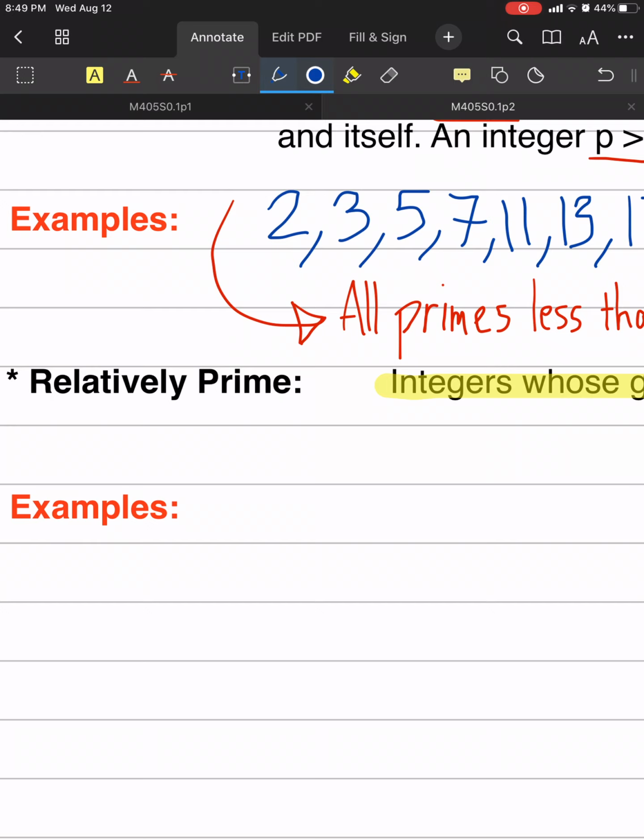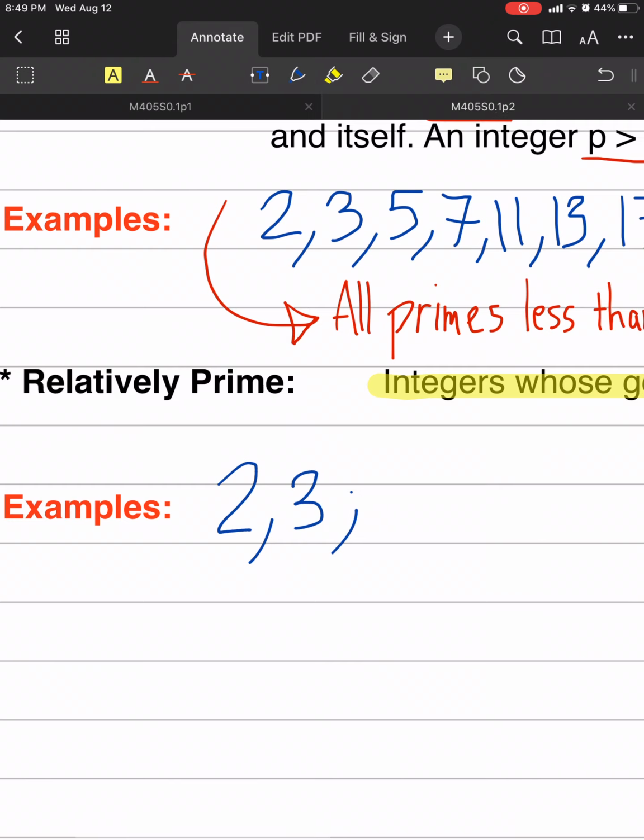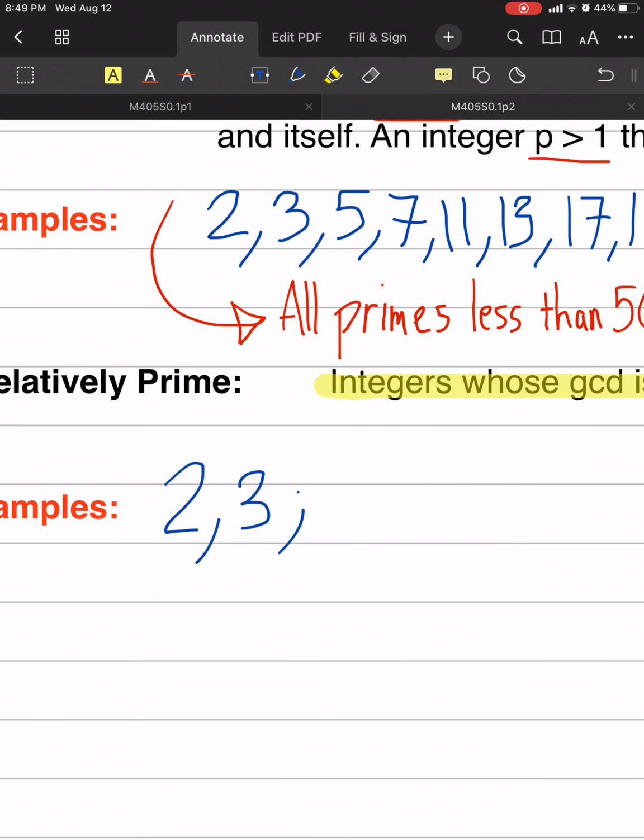But the first pair that you might have come up with would be maybe 2 and 3. The reason I say that would be easy is we already have primes up here. Primes, by the way we've defined them already, automatically don't have any factors in common because their only factors are 1 and themselves. So if they're different, their only common factor is 1. So 2 and 3 is an example of a pair of relatively prime numbers.